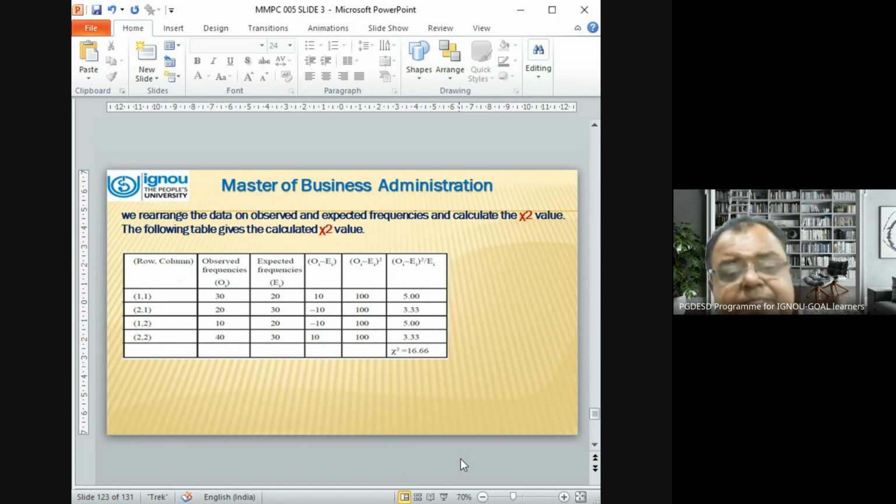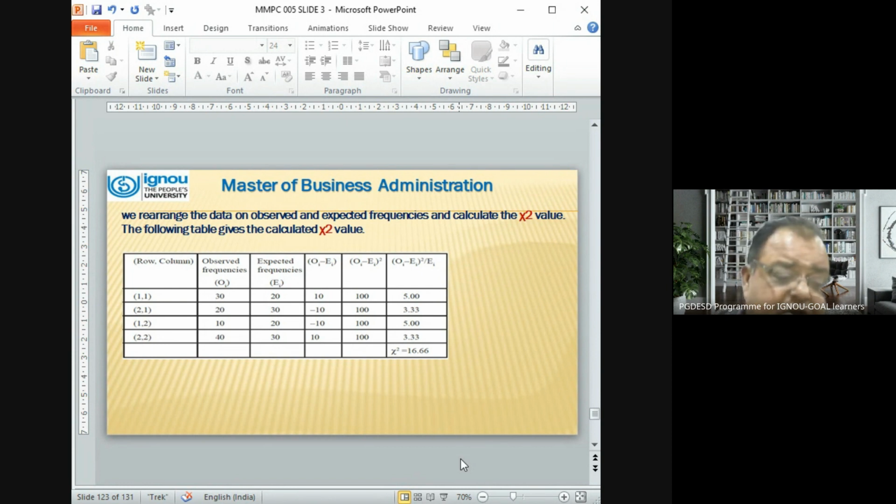Now, you have to calculate O minus E, that is, observed value minus expected value. The difference comes out to be 10. And the second one minus 10. Third one minus 10. The fourth one 10. Square these. 10 square will be 100 in all the 4 terms.